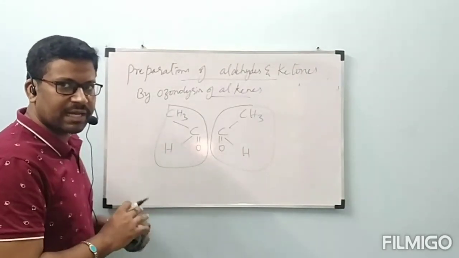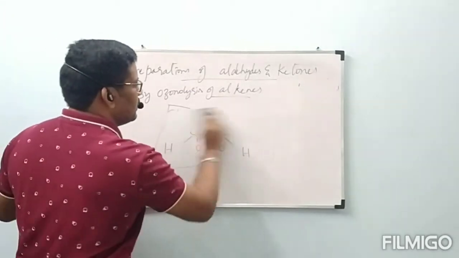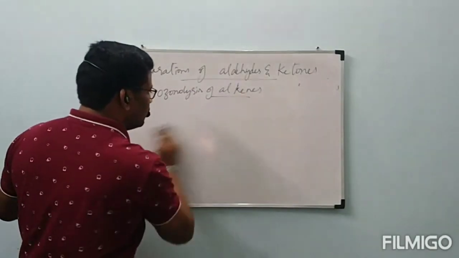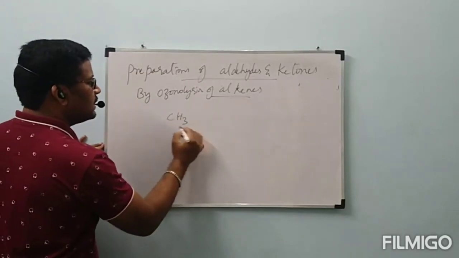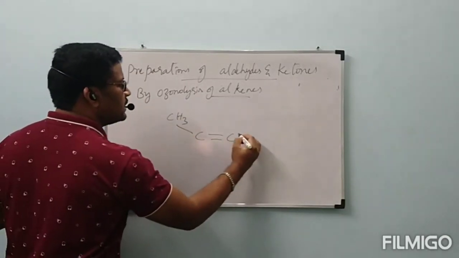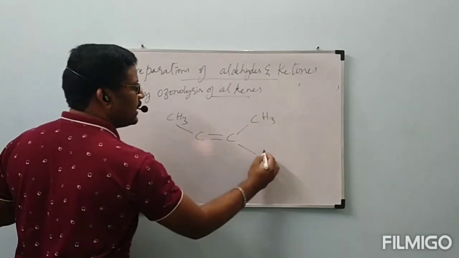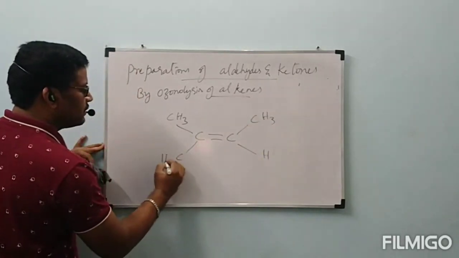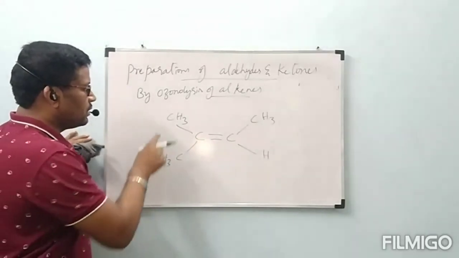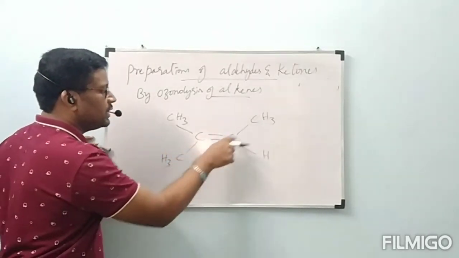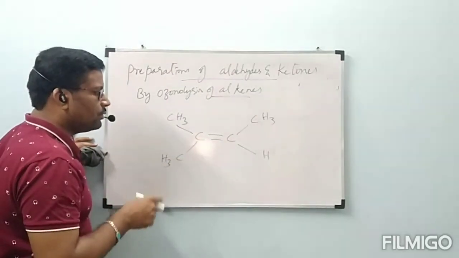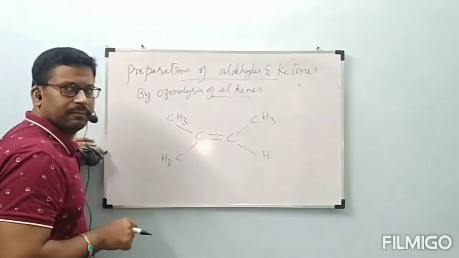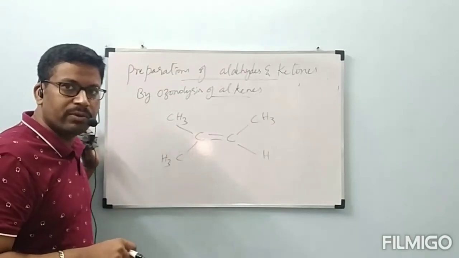Now let us see another example. We have CH3-C(CH3)=CH-CH3. What is the name of this compound? 1, 2, 3, 4. On the second carbon we have a methyl group, so it is 2-methyl-2-butene.